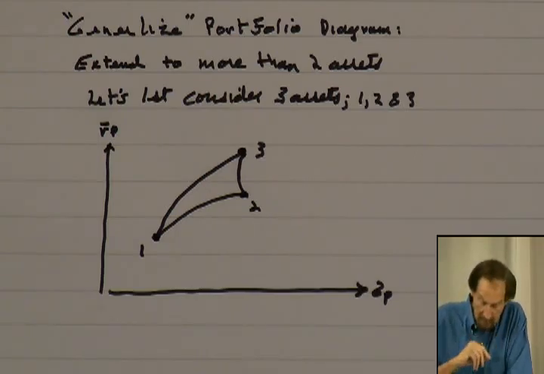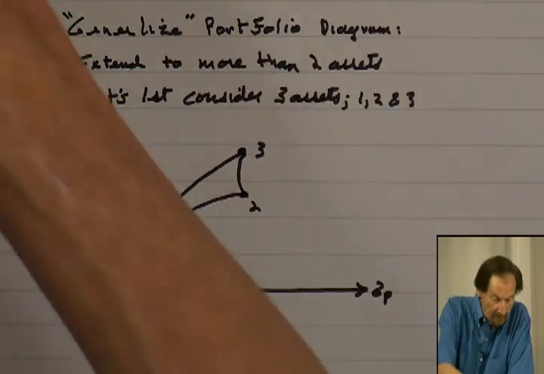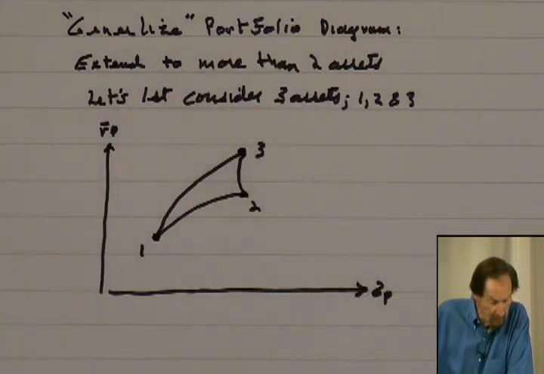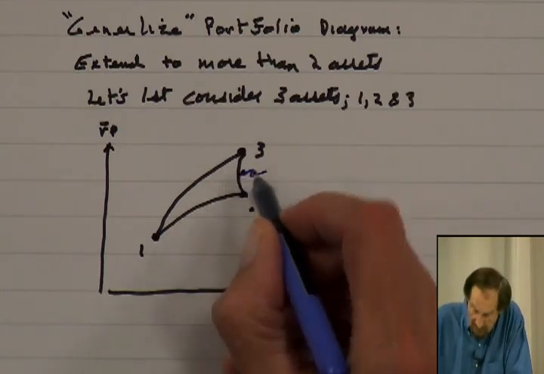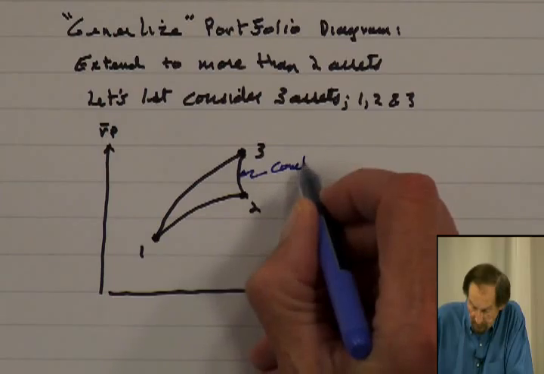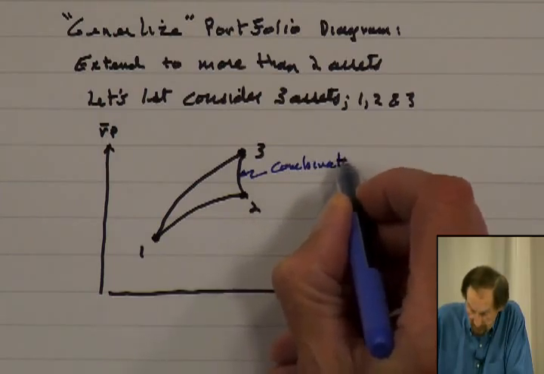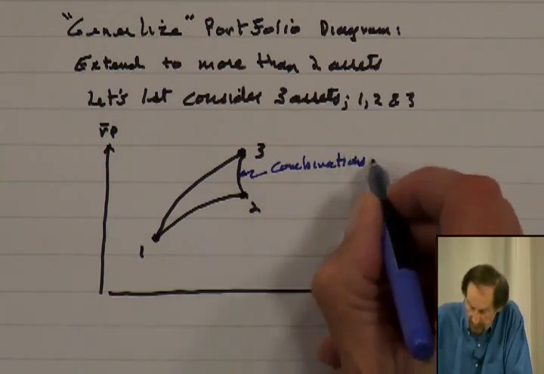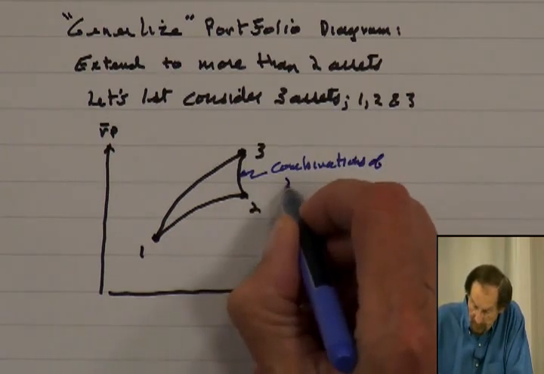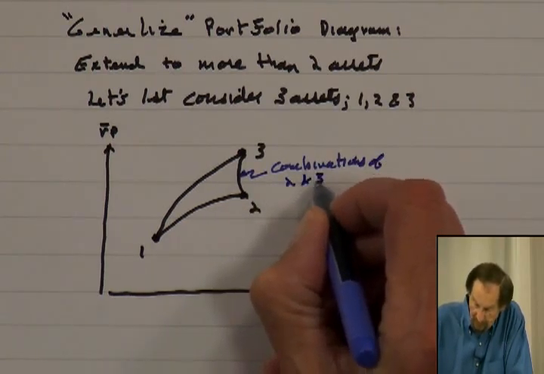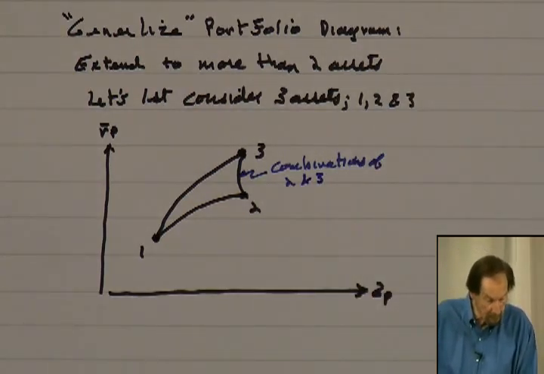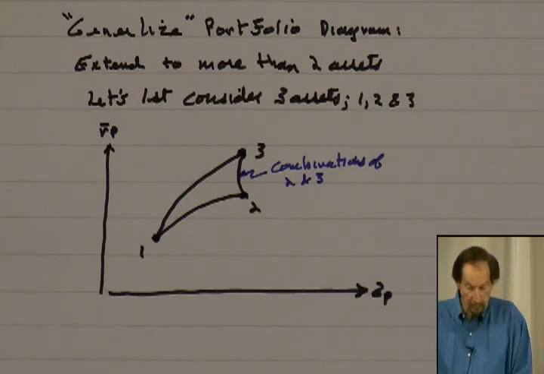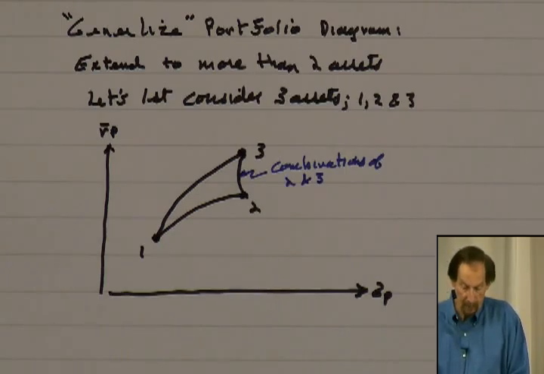And in here, we can do all kinds of things. Like if we take a combination, this side is combinations of 2 and 3. In the middle of this, you can get combinations of 1, 2, and 3.